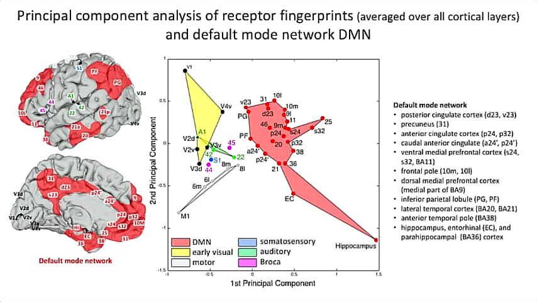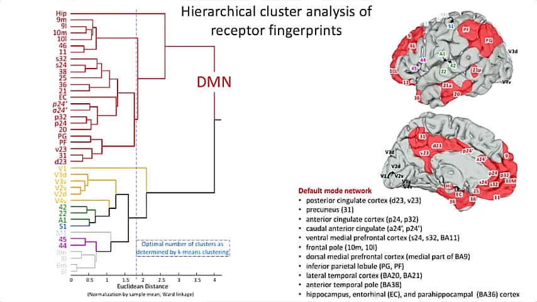And we can also do a hierarchical cluster analysis of the default mode areas shown on the right, and of the default mode areas based on the receptor fingerprints. And what you see marked in red, all these areas are areas of the default mode: hippocampus, prefrontal cortex, anterior and posterior cingulate cortex, and areas in the inferior parietal lobule and the precuneus.